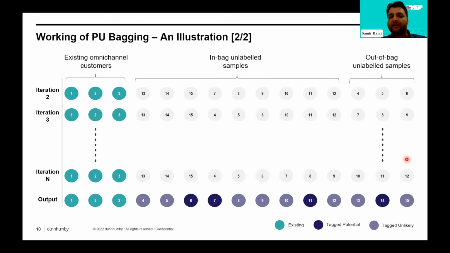By independently, we mean that that particular instance was not part of the training process. Finally, the output will be such that of all those unlabeled samples, some will be tagged as potential. Just for illustration, customers 6, 7, 11, and 14 have been tagged potential, and the remaining customers have been tagged unlikely.